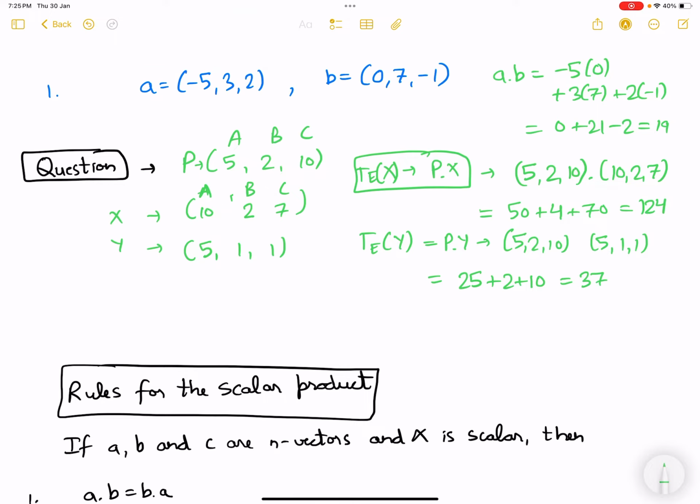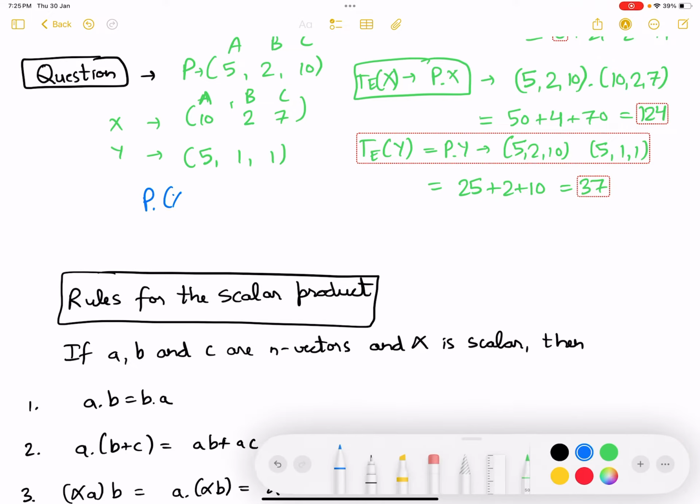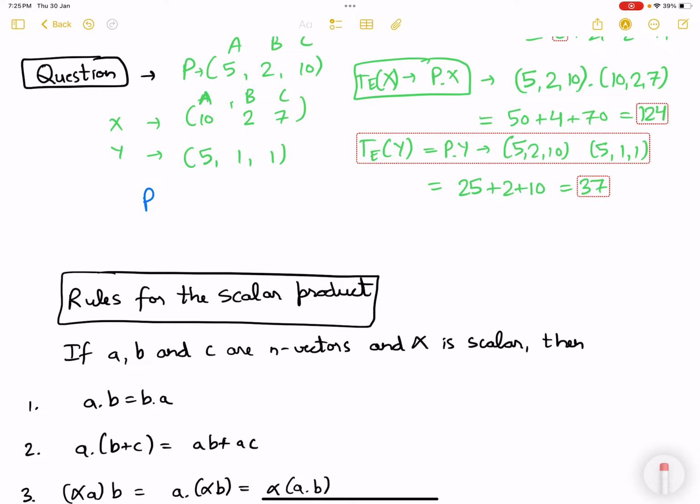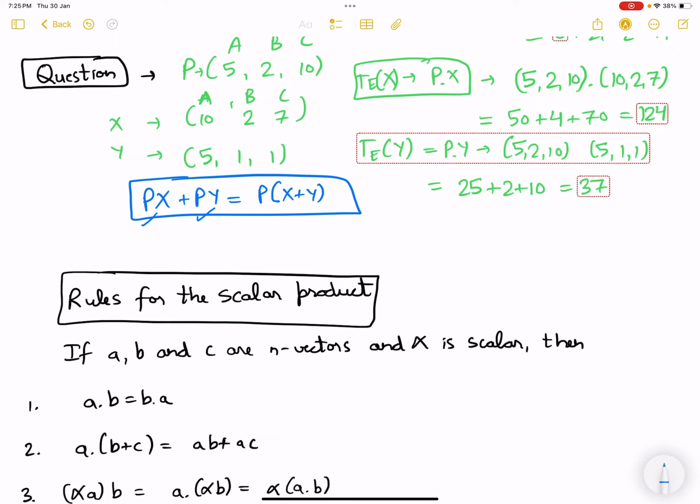Now the expenditure by both of them: P dot X plus P dot Y is equal to P dot X plus Y. We'll see whether the economic interpretation holds: the total expenditure by X and the total expenditure by Y should equal the total quantity purchased into the price level.